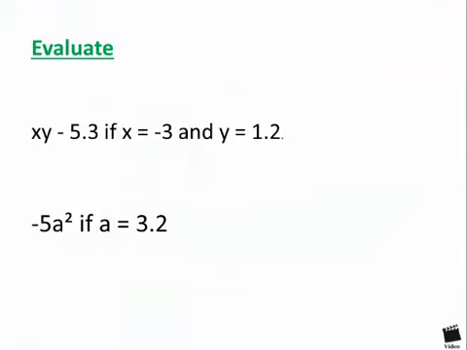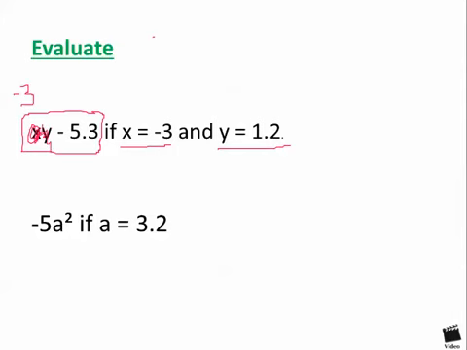I think we might even almost be done. This is our last slide, and I'll switch through it as quickly as I can without being too confusing. We need to evaluate x times y minus 3.5 when x is negative 3, y is 1.2. So our first step, take out this x, put in negative 3.